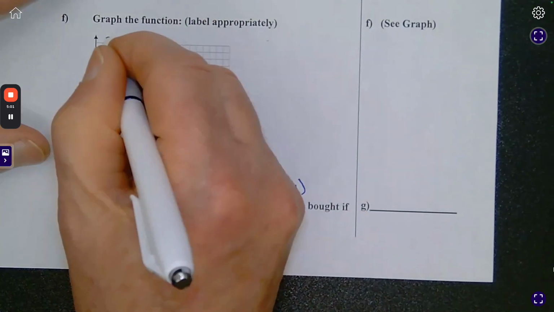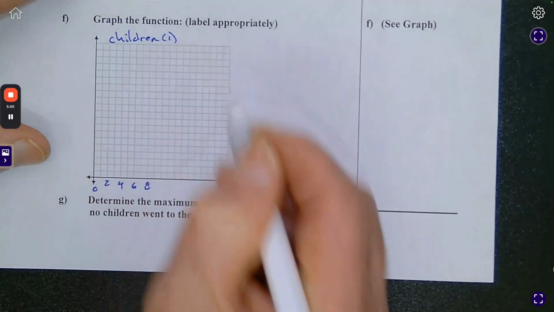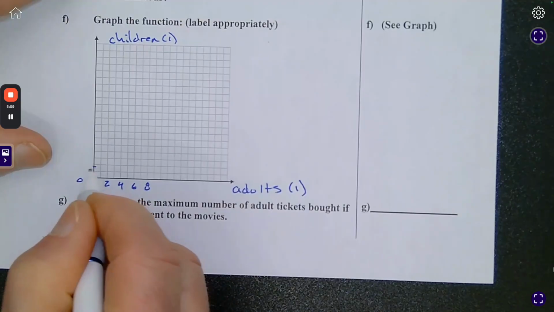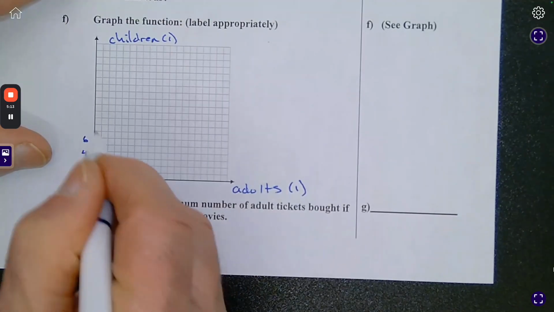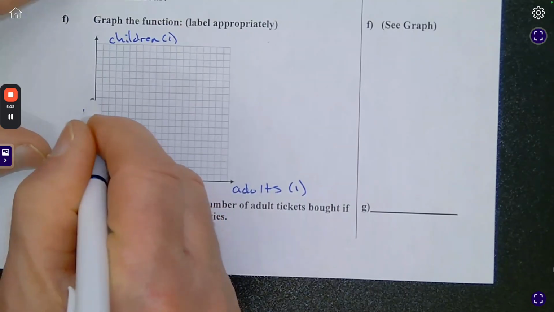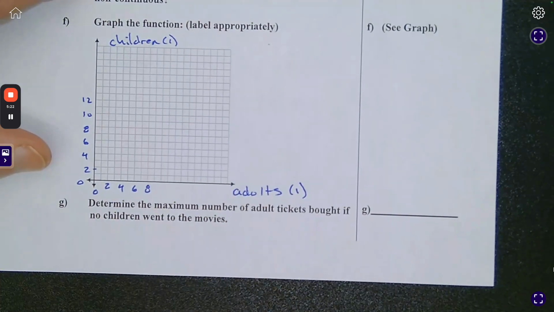Now I'm going to let this axis be children, and I'm going to do increments of 1. So 0, 1, 2, 3, 4, 5, 6, 7, 8, 9, 10, 11, 12. There we go.